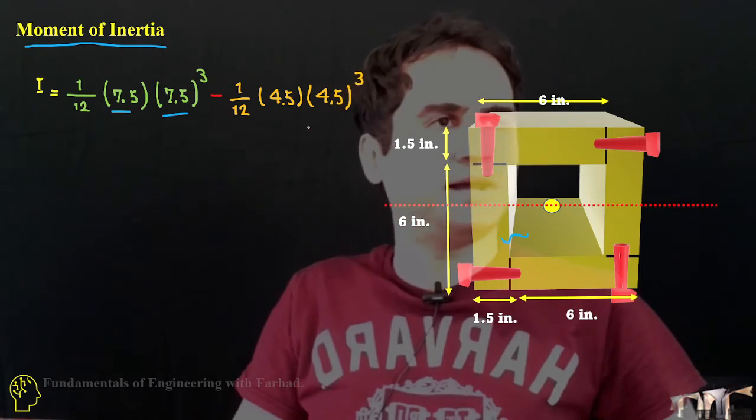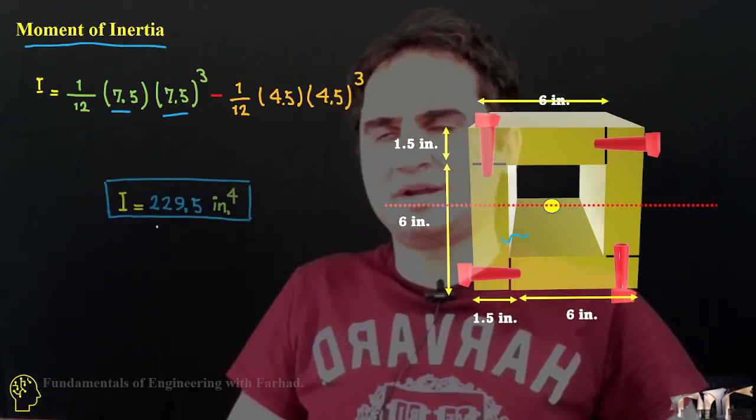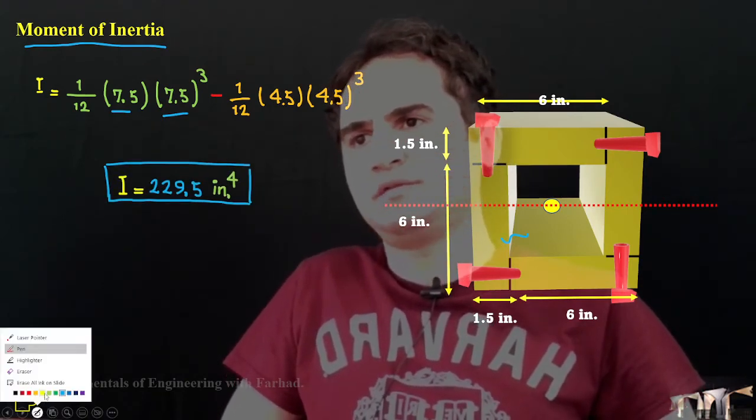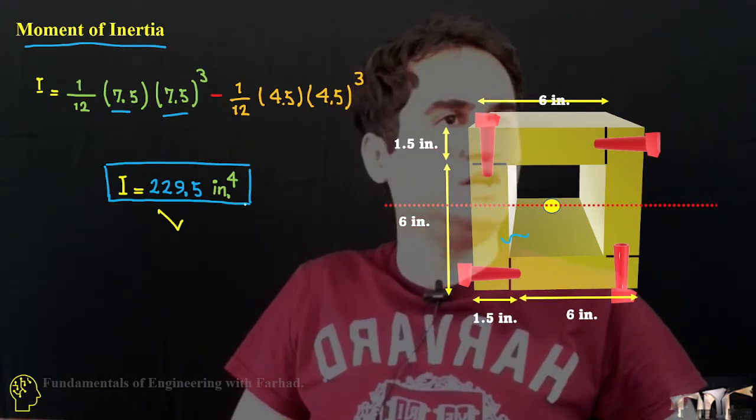Again, height and base are similar to each other. If you calculate the moment of inertia, it gives you a moment of inertia equal to 229.5 inches to the fourth.